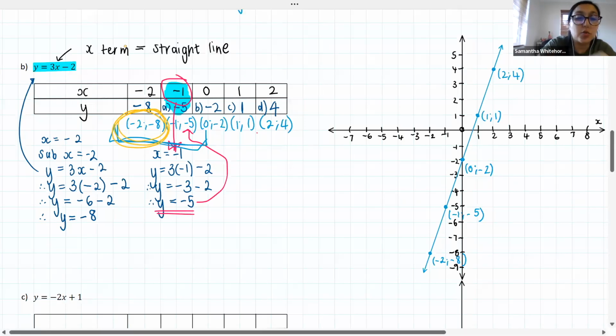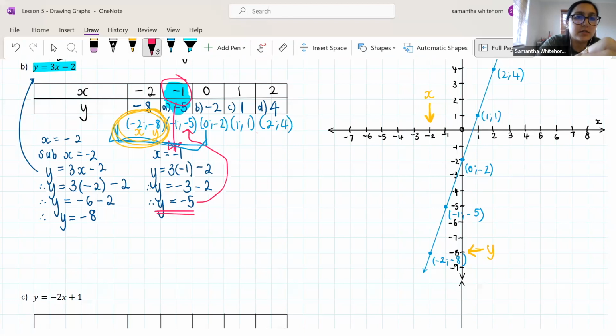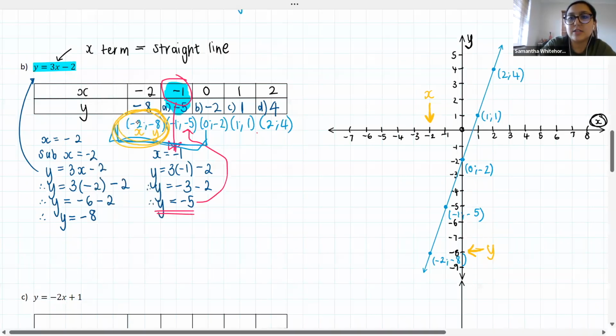What you need to remember is that it's x first and then y. So we find the -2 on my x coordinate, because that was the x value, and then we find the -8 on my y-axis. Now remember, your horizontal axis is your x-axis, your vertical, up-down axis is your y-axis.